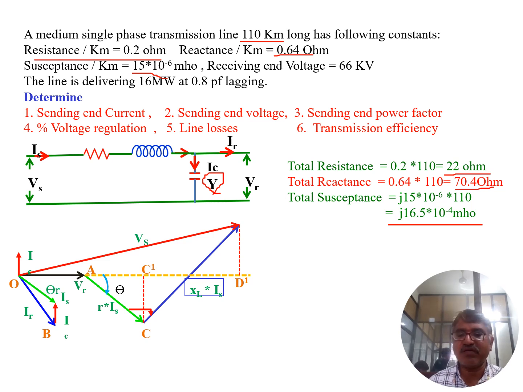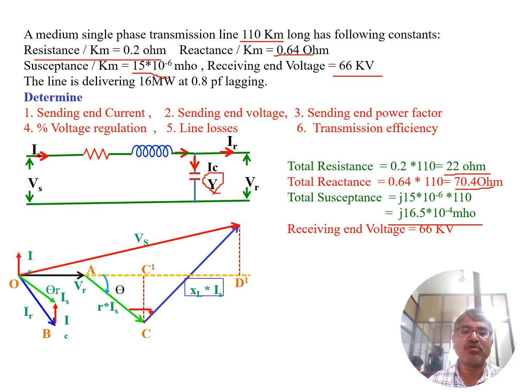After the calculation of total resistance, reactance and susceptance, the next step is the receiving end voltage. It is a single phase transmission line. That's why for the given receiving end voltage there is no conversion like line voltage equal to root 3 times phase voltage, since it is single phase.